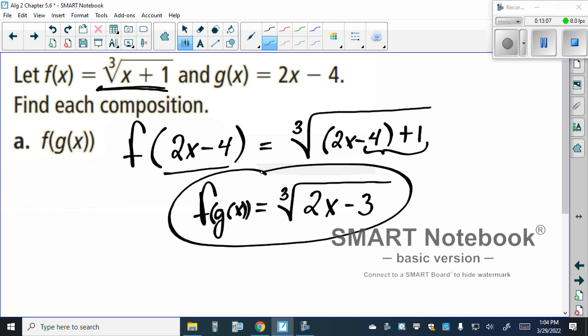And that's it. That's all we have to do for this here. The only way we could simplify it is if I had something inside that cubed root that was to the third power, then we could simplify it in some way, but 2x minus 3 is to the first power, first degree. There's nothing we can do with it. So this here is our final answer.